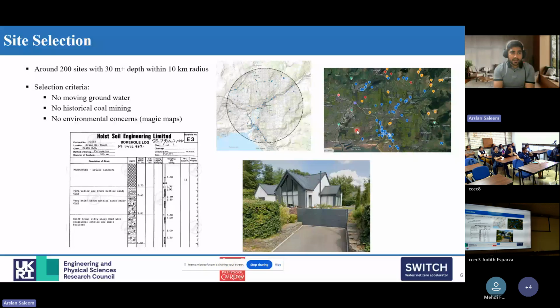The screening method involved ensuring that there is no moving groundwater in the subsurface and no historical record of coal mining. Furthermore, the borehole site being investigated isn't declared as a site of national heritage.